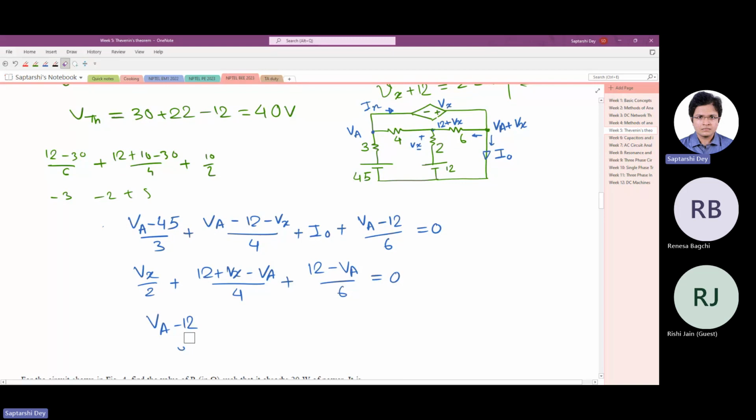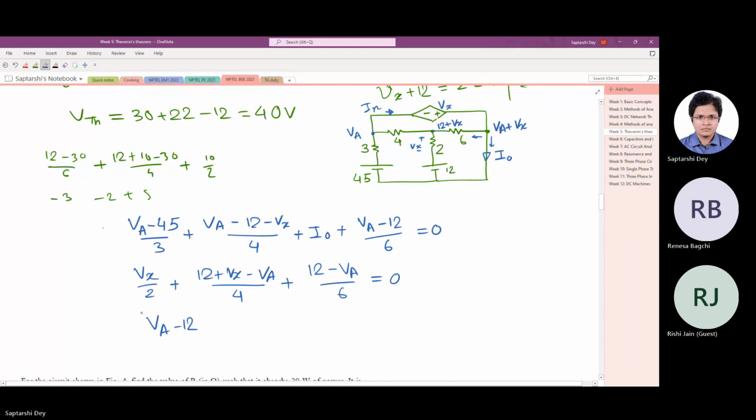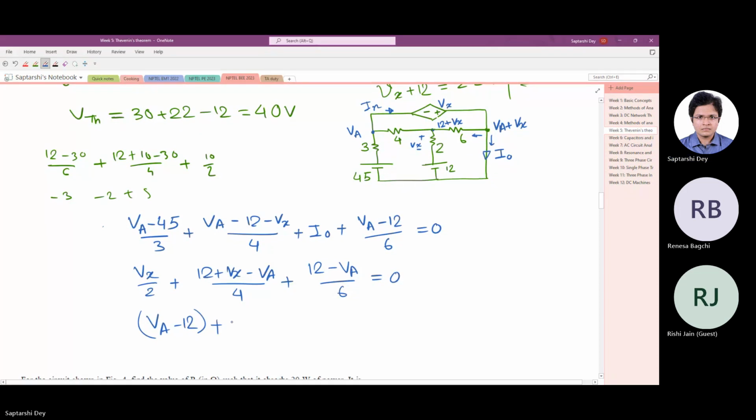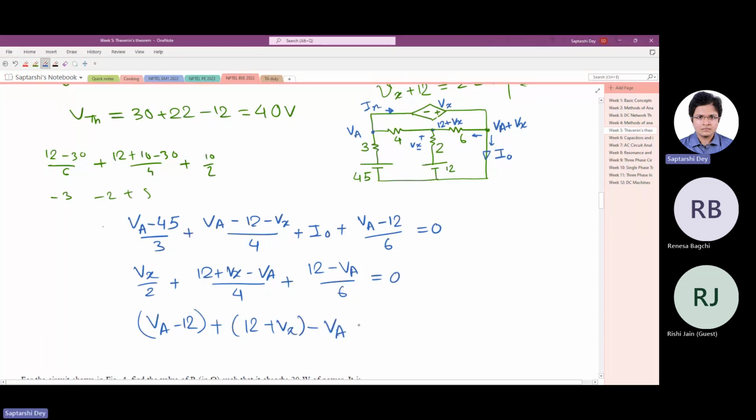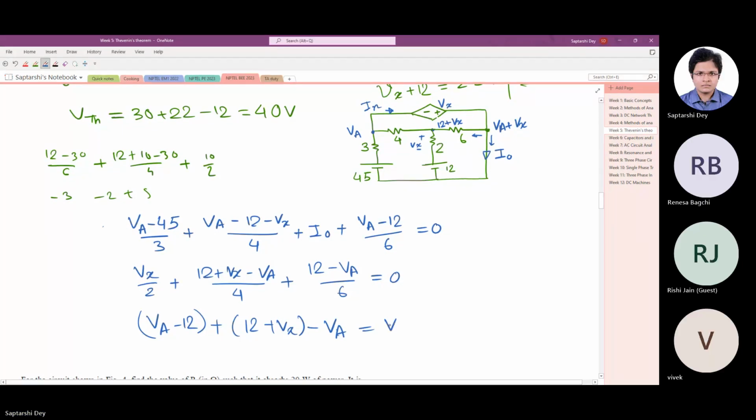I'm sorry, VA minus 12, that is one voltage, plus 12 plus Vx minus VA, that is another. This should be equal to Vx. No, this is giving us 0 equals 0. I'm just trying to find out another equation that we can apply.